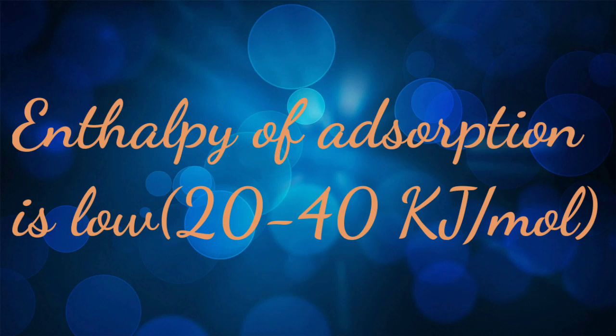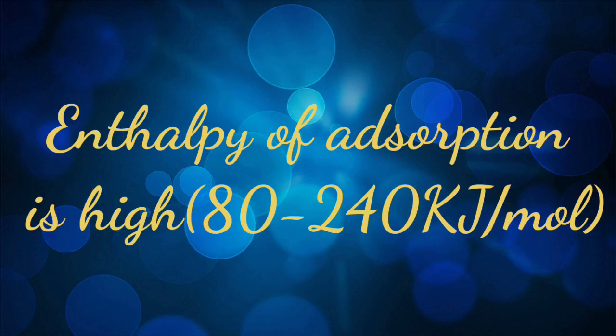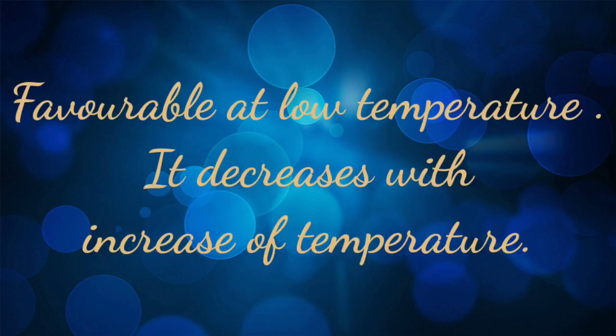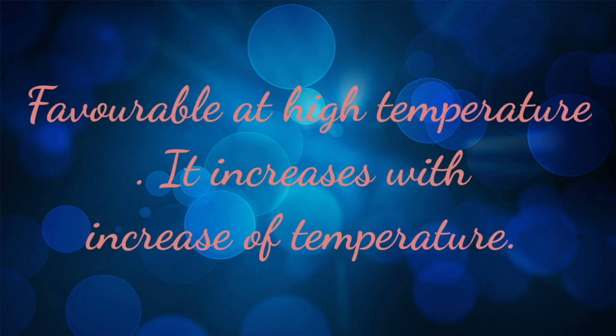In physisorption, enthalpy of adsorption is low, that is 20 to 40 kilojoule per mole. And in chemisorption, enthalpy of adsorption is high, that is 80 to 240 kilojoule per mole. Physisorption is favorable at low temperature. It decreases with increase of temperature. And chemisorption is favorable at high temperature.